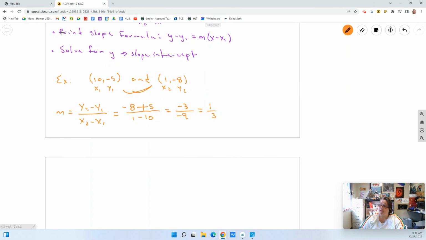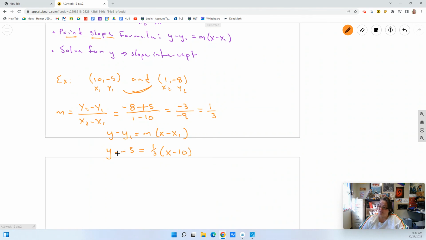So we could go to the formula that asks for a point and a slope, which is the point slope formula, y minus y1 equals m times x minus x1. And we could just plug it in. So y minus y1, well, y1 is just -5, so minus a -5 equals m, which is 1/3, times x minus x1, well, that's 10.